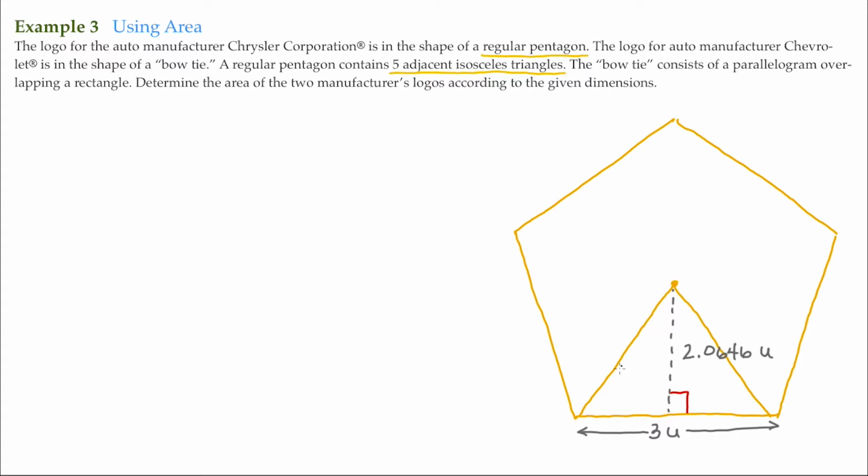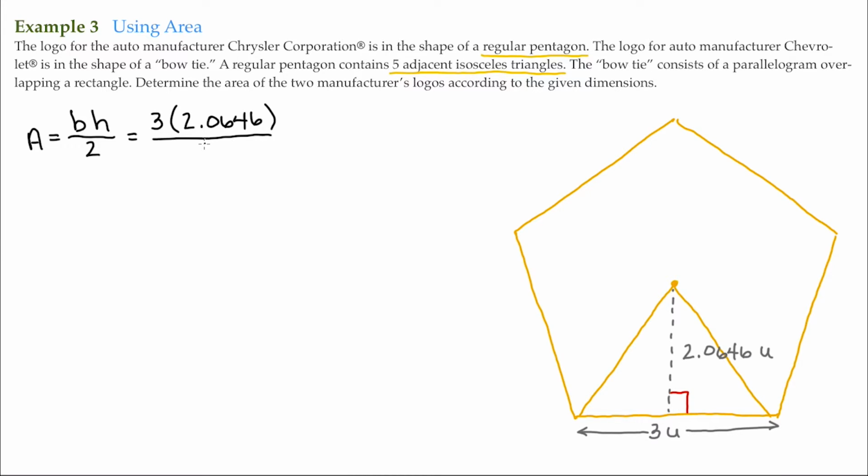To determine the area of this triangle, that is determined as the base times the height, and then divided by 2, or 1/2 the base times the height. The base is 3. The height is 2.0646.